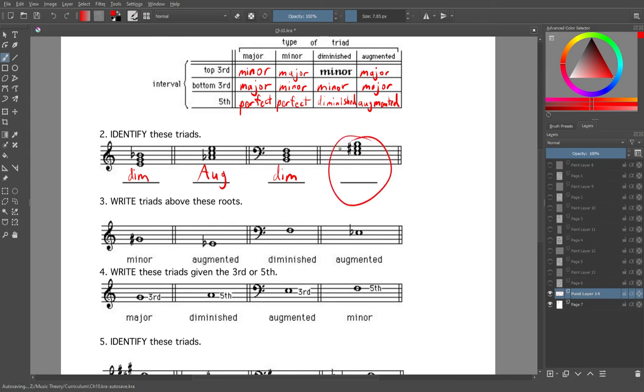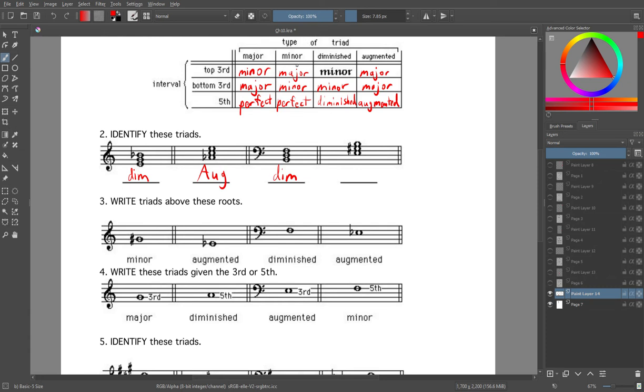And let's go ahead and do this last one together. This is bass clef, we got E, G sharp, and B. My computer froze. It's auto-saving. There we go. So from E to G sharp, is that a major or minor interval? Count the half steps. That is a major interval.